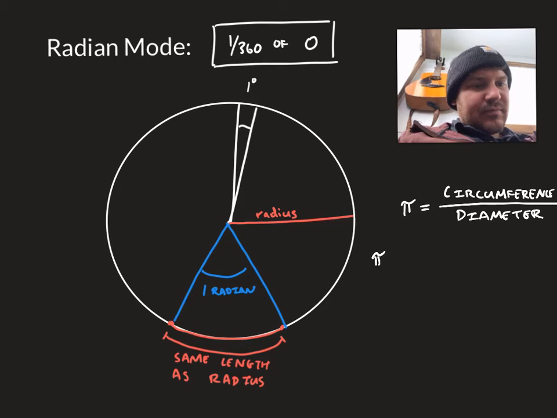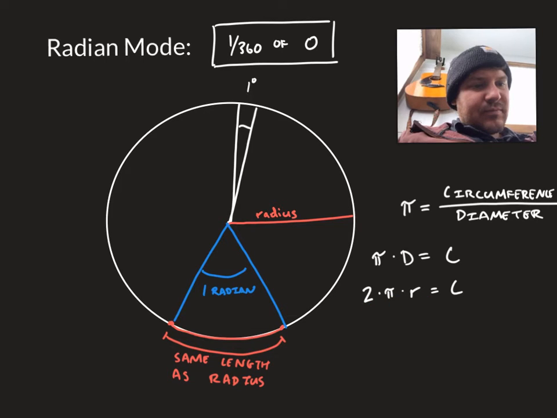And from there we said that pi times the diameter has to equal the circumference, because that's the definition of pi. And then we said that the diameter is twice as long as one radius. So 2 times pi times a radius would also equal the circumference. So the distance all the way around the circle we know is 360 degrees, and we also know that it's 2 pi times the radius.